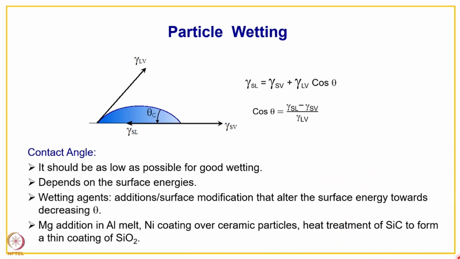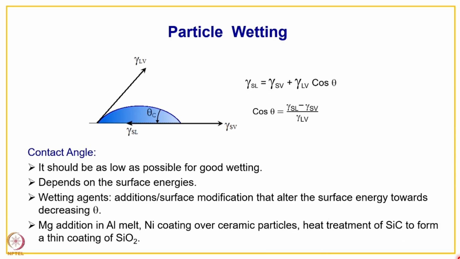So the surface condition of the reinforcement will play a major role here. You have to have a surface condition which will lead to a low contact angle, and then only can you expect good wetting to happen, and only when good wetting happens can you expect to have a good bonding between the reinforcement and the metal.